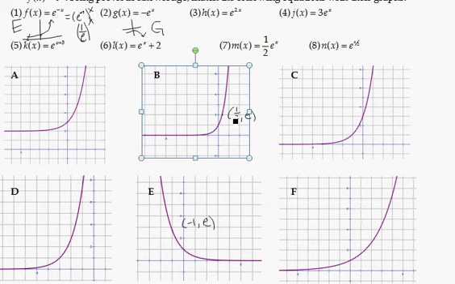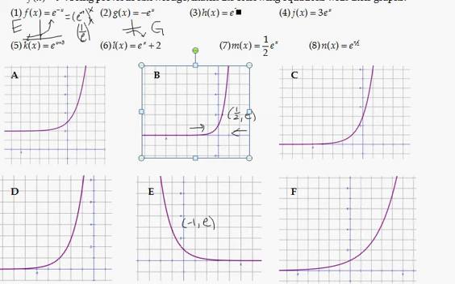In other words, everything is compressed by a factor of 2. Everything is being squished in towards the y-axis and happening twice as fast. So instead of waiting all the way until you get to 1 to get a height of e, you get there by a half.